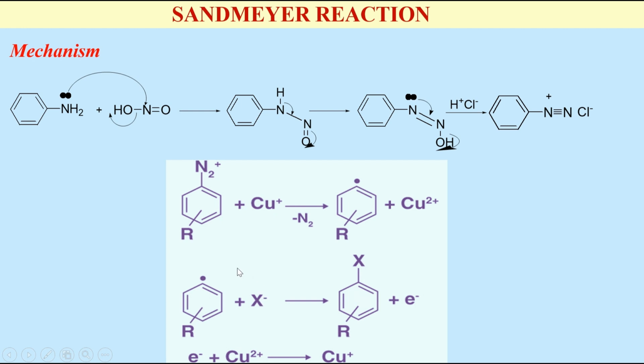One electron from X is taken and the other electron is shared with this benzene aryl radical, and the bond is formed, and this one excess electron is removed, which again combines with Cu2+ to give back Cu+. And hence, here the X- is the nucleophile and the aryl radical is the free radical. Both the radical and the nucleophile are involved, and this is named as radical nucleophilic aryl substitution reaction.